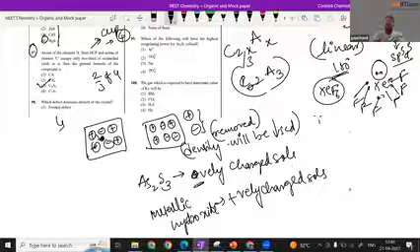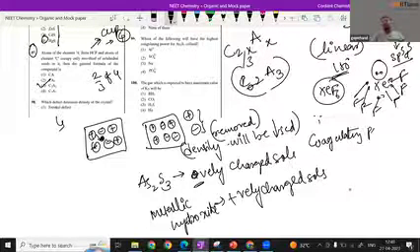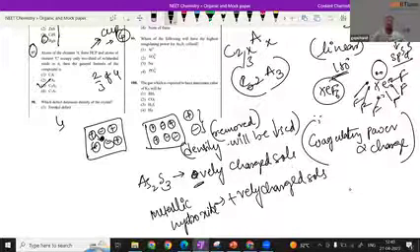Between aluminum and sodium, always remember coagulating power is directly proportional to the charge. The more the charge, like +1, +2, +3, the more the coagulation. So aluminum +3 will have more coagulation for the negatively charged sol.